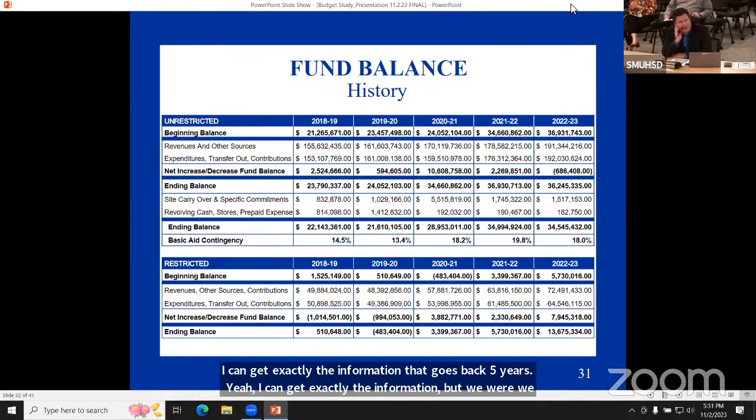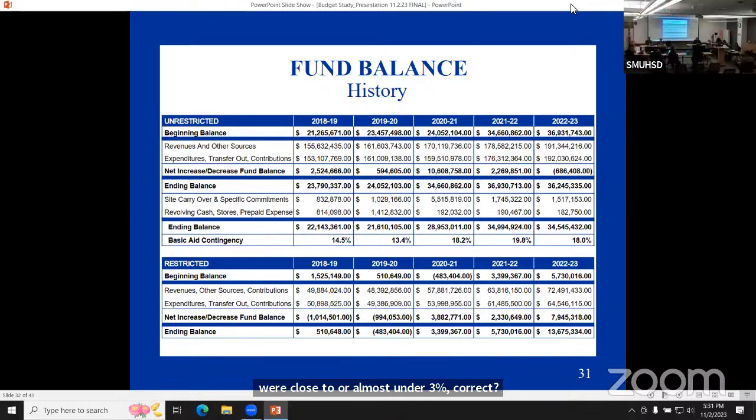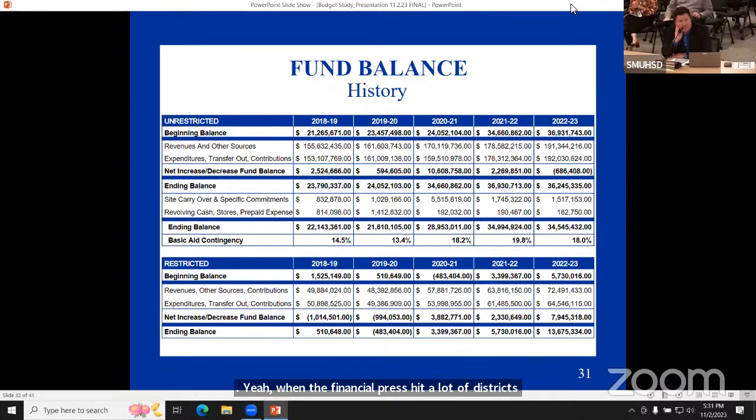Around there. When the financial crisis hit, a lot of districts tanked and had barely any reserves, and we were deficit spending like you wouldn't believe. There were significant actions that had to be taken by the board at that time.